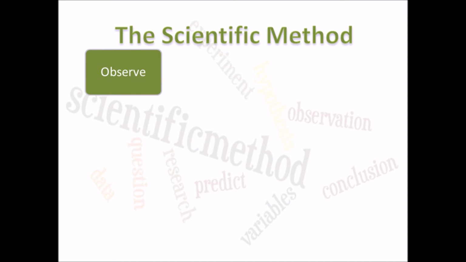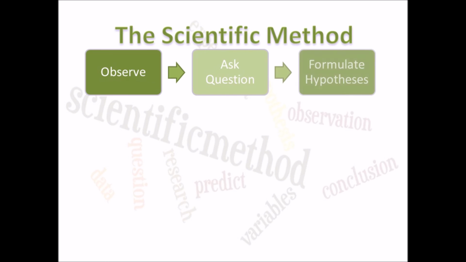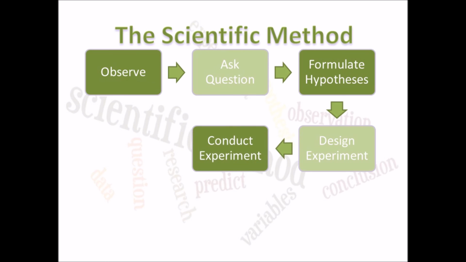Okay, so you start by making an observation, which leads you to asking a question about this observation. In hopes of answering this question, you're going to formulate a hypothesis. Remember that you have a null hypothesis and an alternative hypothesis. Once you have stated your hypothesis, you're going to design an experiment that will allow you to test that hypothesis, and you're going to conduct this experiment.